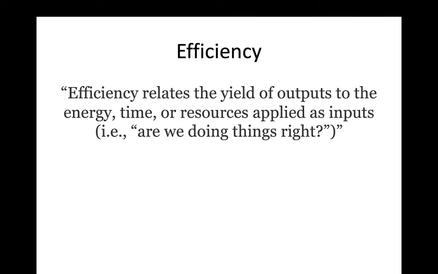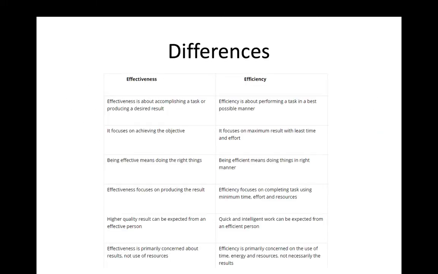And efficiency is, are we doing things rightly? Effectiveness is about accomplishing a task or producing a desired result. You should know what you are doing. That is effectiveness. And efficiency is about performing a task in the best possible manner.